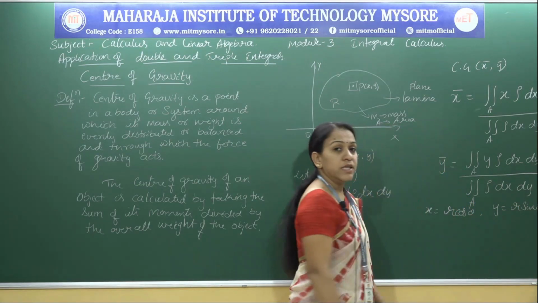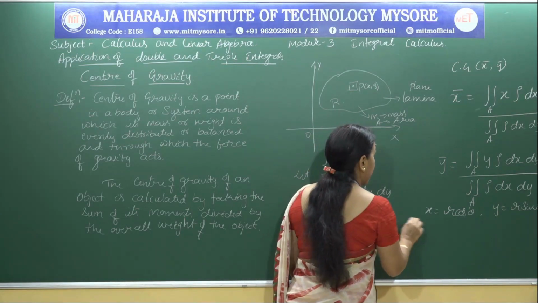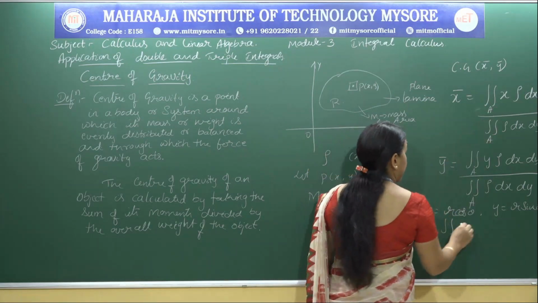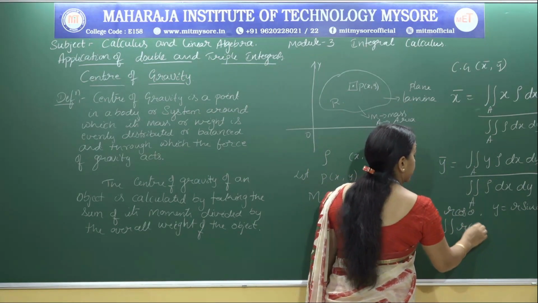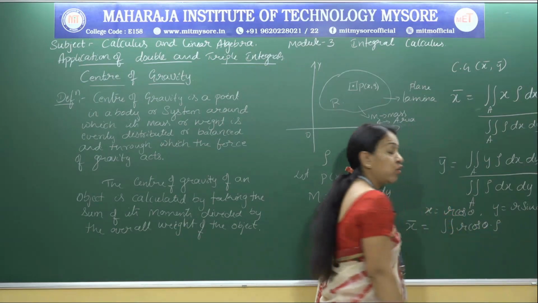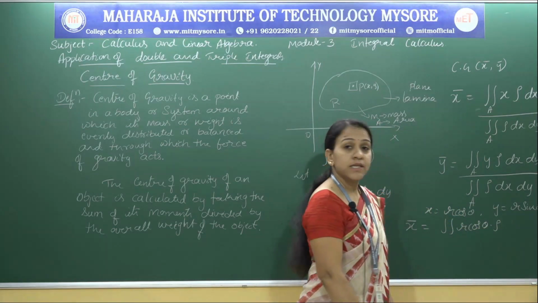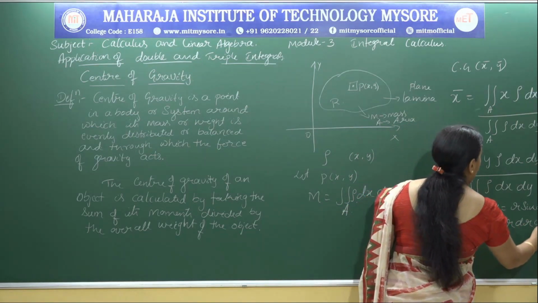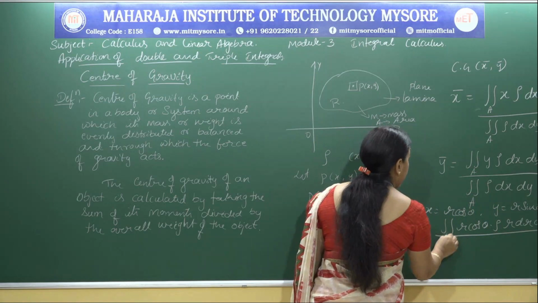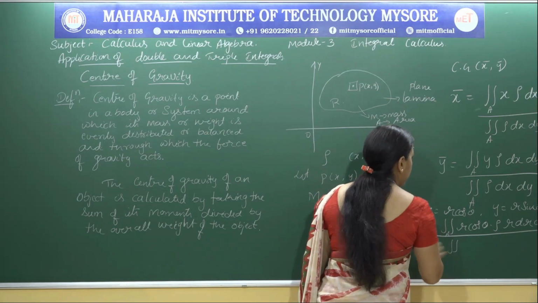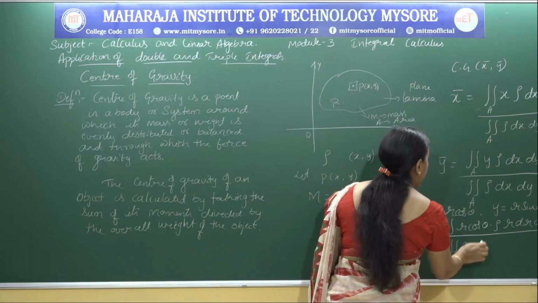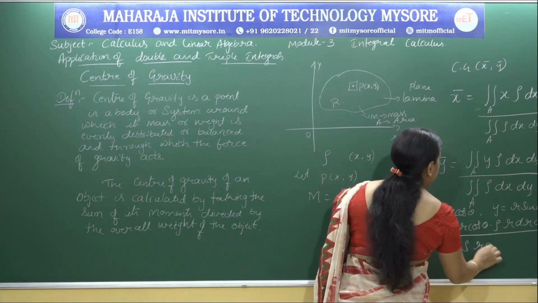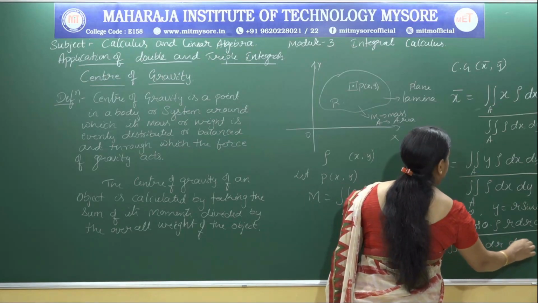Then the center of gravity is given by x bar equal to the double integral of r cos theta into rho, and in polar form dx dy is replaced by r dr d theta, divided by m, which is the double integral of rho into r dr d theta.